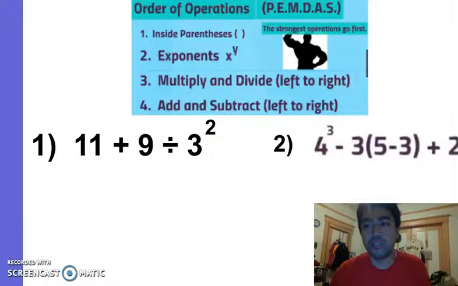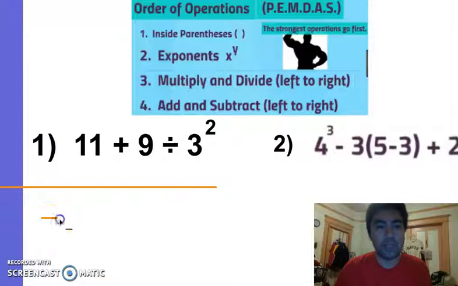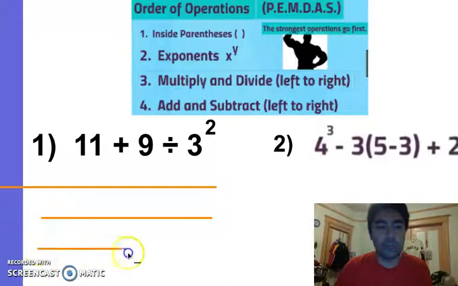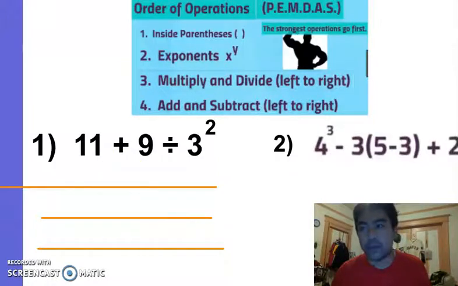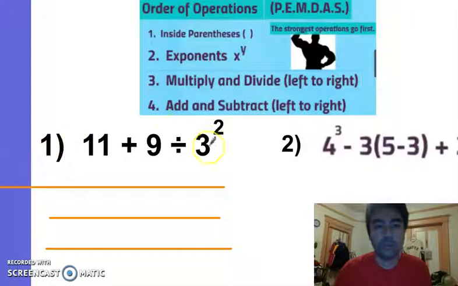Many people make mistakes because they end up doing two things at the same time. So what I like to do is on my paper, I'm going to do things step by step using different lines. We're simplifying the expression, making things simpler to look at.